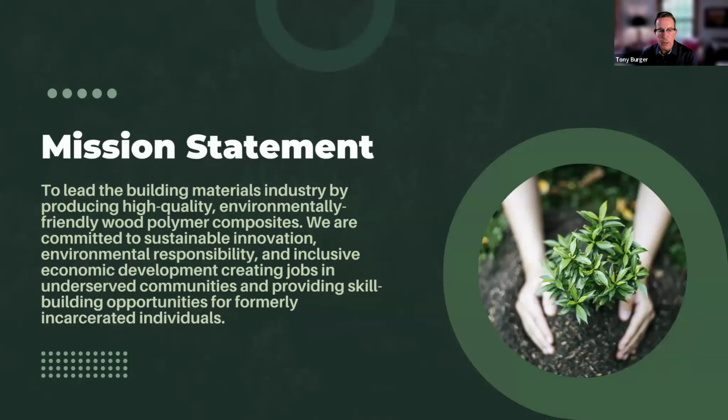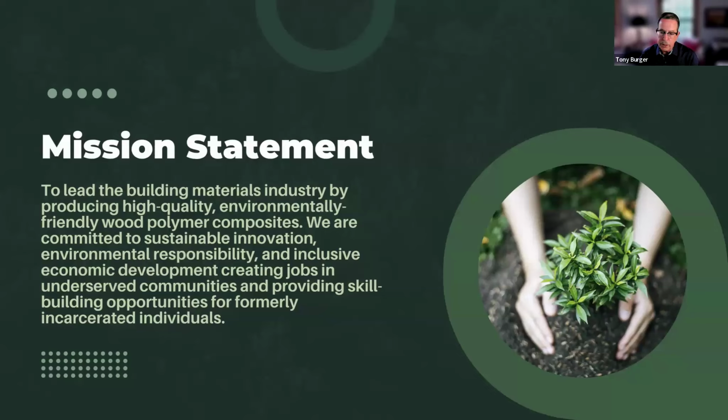When an inmate is released, they have a 76% chance of ending up in incarceration again. But those that work in these Unicor programs, and that would be working for PJ Woodlands, they have a 14% recidivism rate.